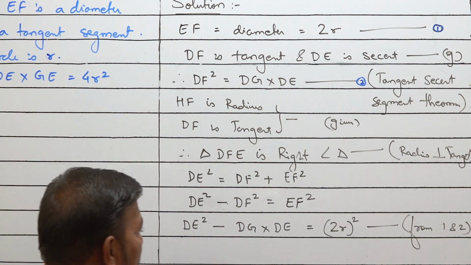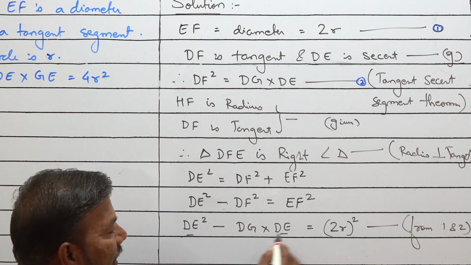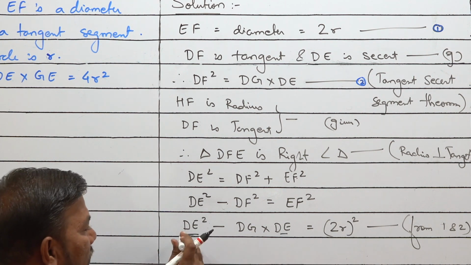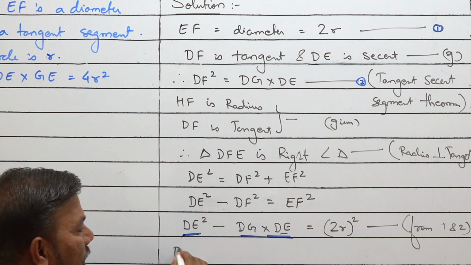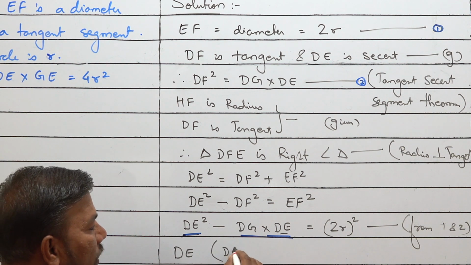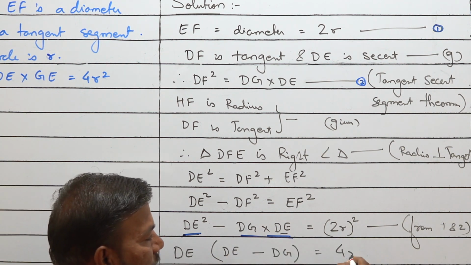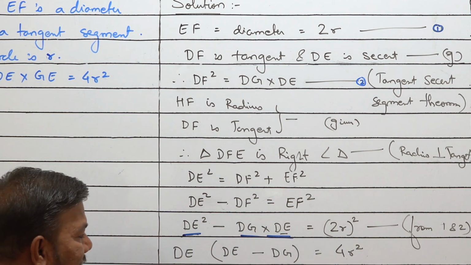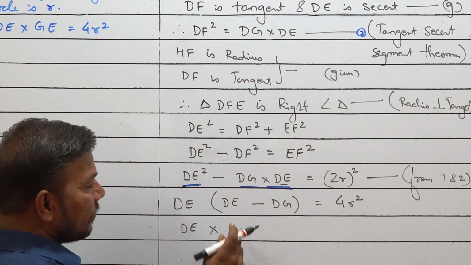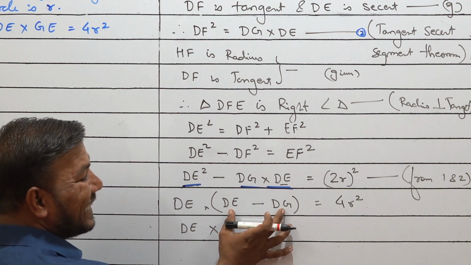Is that clear? Now there is DE square and this DE, in both of these parts, what is common? The common is DE. So DE is taken out, and DE minus DG is left, and this becomes 4R square. Is that clear? So the DE stays as DE, into DE minus DG. What is DE minus DG?